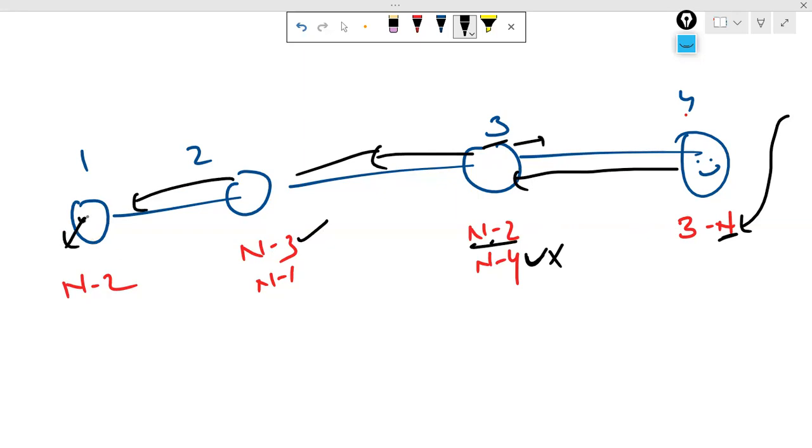And if this device has only 1 neighbor, which is 2, and I have received an update from the same neighbor, I do not have any other neighbors, so I'm not going to update anyone, because otherwise I would update it back again. So what will happen? Loop. Not loopback, loop.